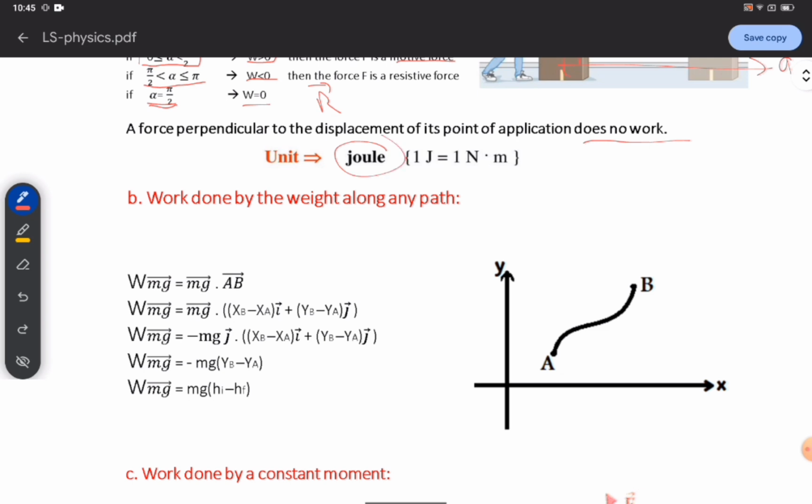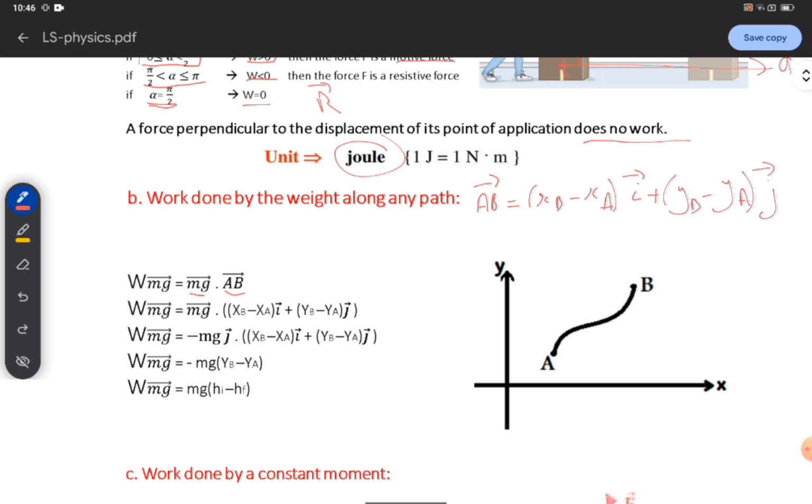Now, work done by the weight along any path. Work of mg equals the force mg scalar the path AB. We have the vector AB equals (xB minus xA) i plus (yB minus yA) j.